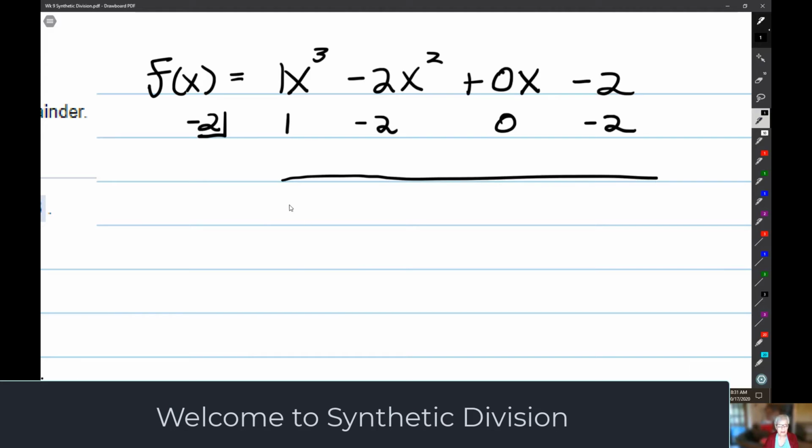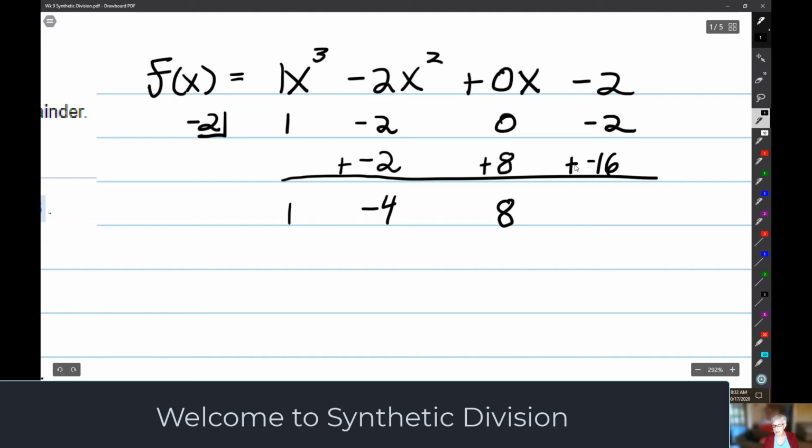I bring down the 1. 1 times negative 2 is negative 2. Negative 2 plus negative 2 is negative 4. Negative 4 times negative 2 is positive 8. 0 plus 8 is 8. 8 times negative 2 is negative 16.